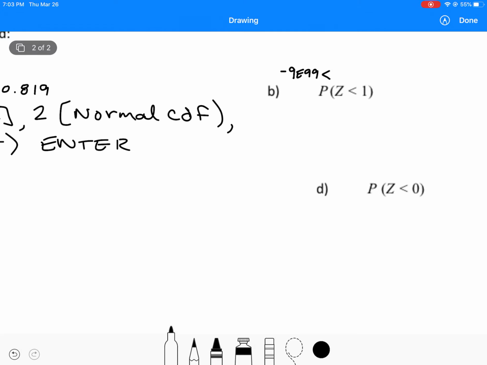So what you'd enter on your GDC is normal CDF. Make sure you're using CDF. We're not going to use PDF. -9 times 10 to the 99, 1, 0, and 1. That's what you should enter in on your calculator, and it should give you the answer of approximately 0.841.